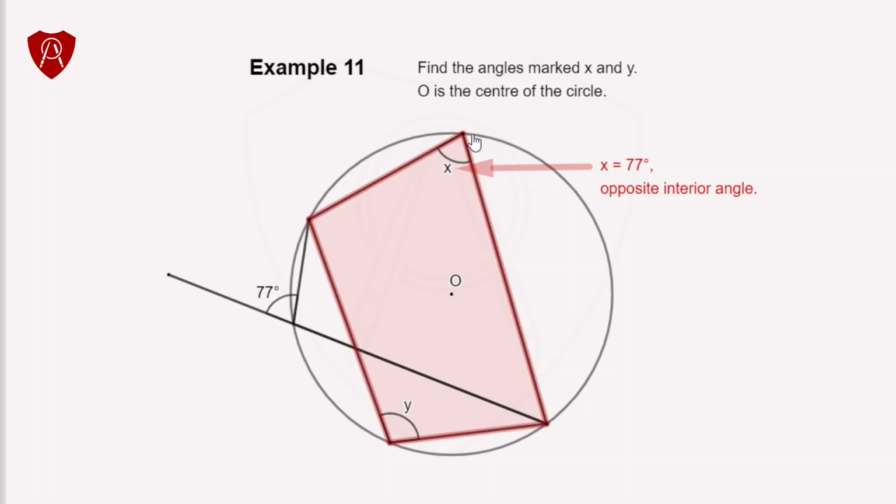We then shift our focus to the cyclic quadrilateral. Since angles x and y are opposite angles in a cyclic quadrilateral, their sum is 180 degrees. Therefore, y is equal to 180 minus x, which means y is equal to 103 degrees.